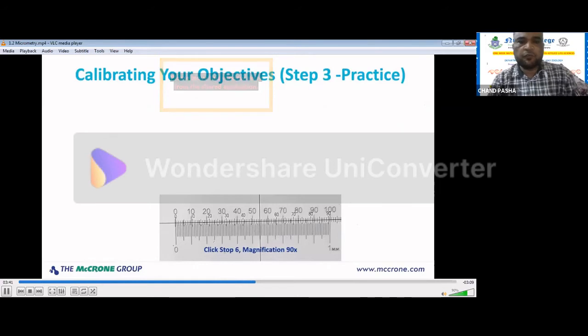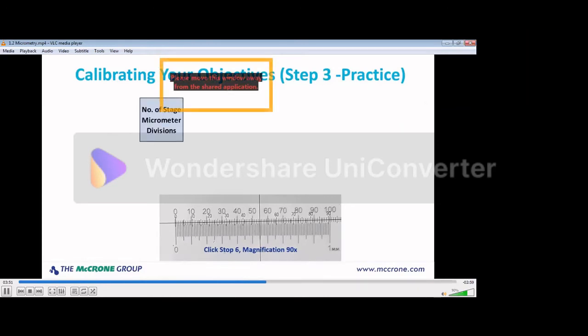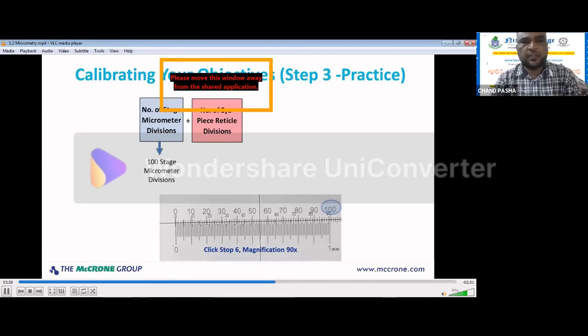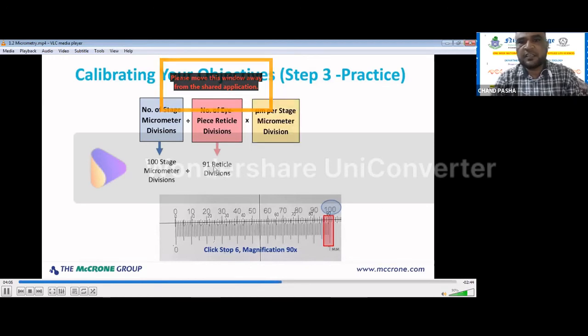Now we need to do this with different magnifications. For your practice, I have kept another magnification. Here again superimposing has been done. The number of stage micrometer divisions is 100. As usual, you should take only 100. Standard books refer to 10, but always go with the 100 stage micrometer divisions and see how many oculars are superimposing. That is 91.